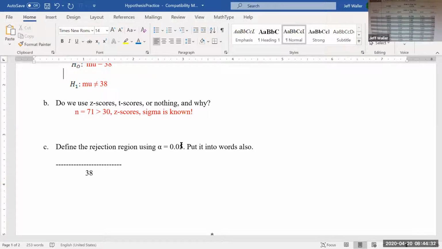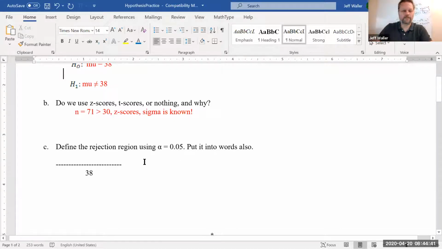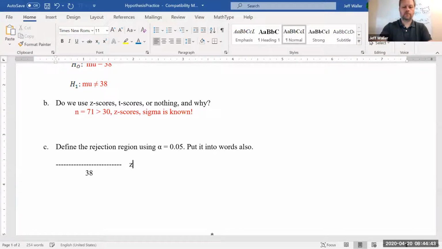And if I stop, I get a t-score. So I don't stop. I go all the way to the bottom and I get 1.96. So I get negative 1.96 and then positive 1.96.